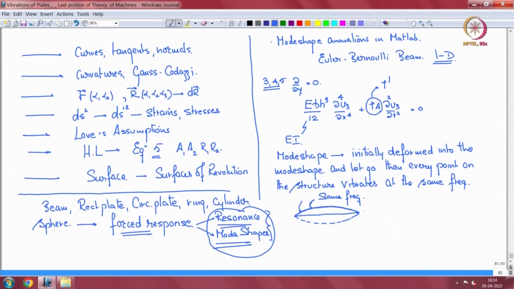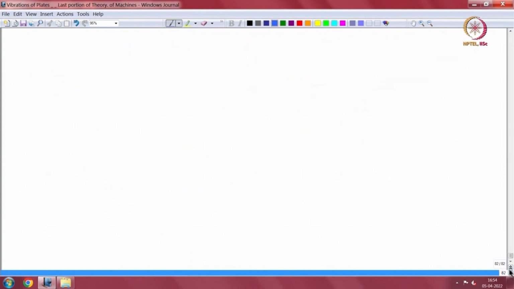Now how do we find the mode shape? We will look for a harmonic response under free conditions. So what we will do is substitute for u3 some function of space times e to the power of j omega t. So we are looking at a shape that vibrates at some omega.